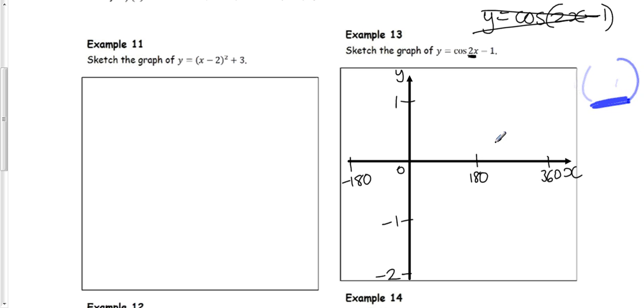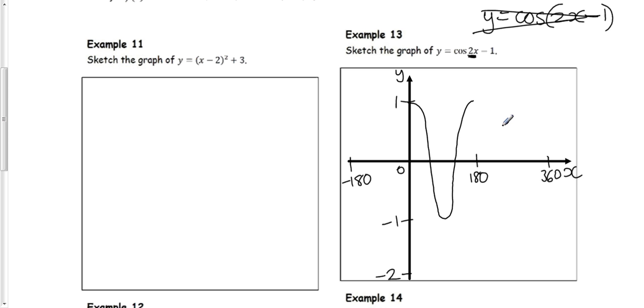It's going to be a stretch scale factor of 1/2, which is the same as a squash scale factor 2. So it's still going to go through the y-axis at 1, but instead of going through the x-axis at 90, it's now going to go through 45. So the first minimum is going to be when x is 90.